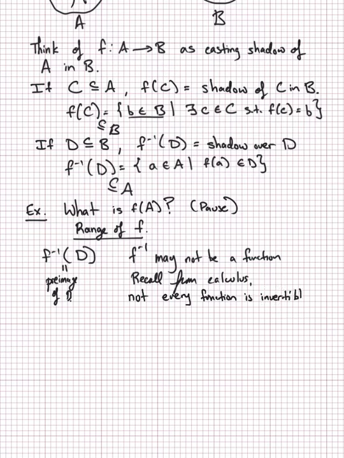The usual example of this is f of x equals x squared. So when I write this notation, I'm saying the things that get sent to D, but I'm certainly not saying that this is the image of D under some inverse function.